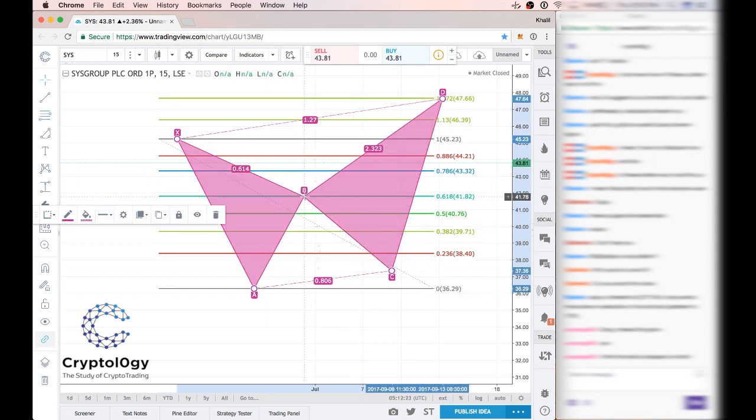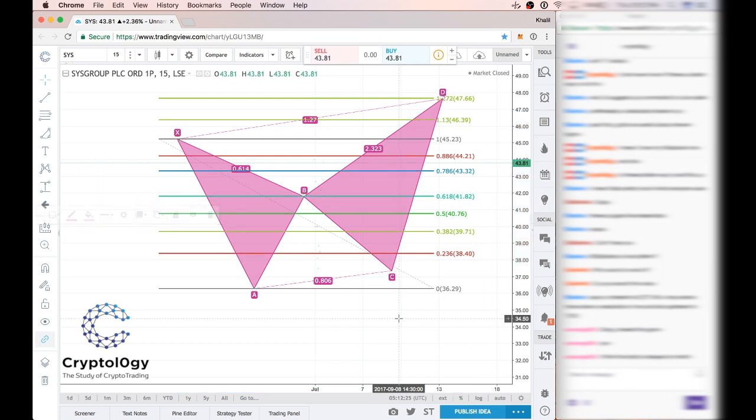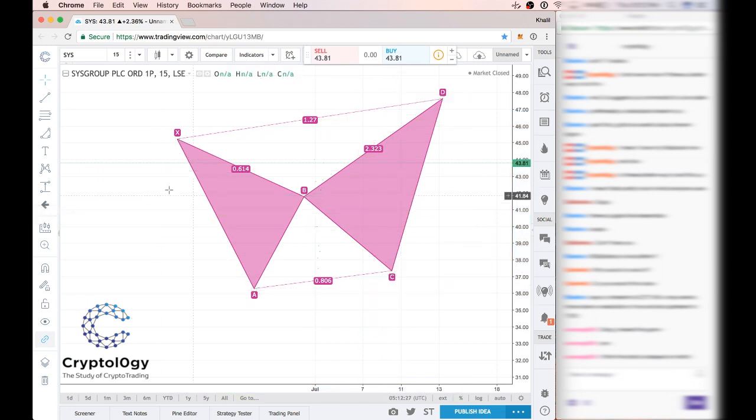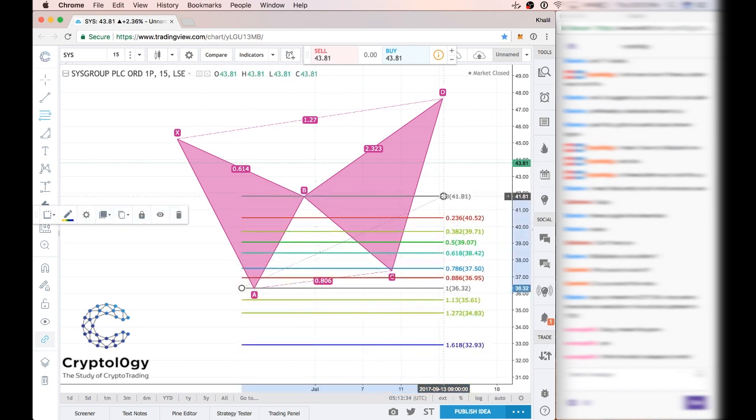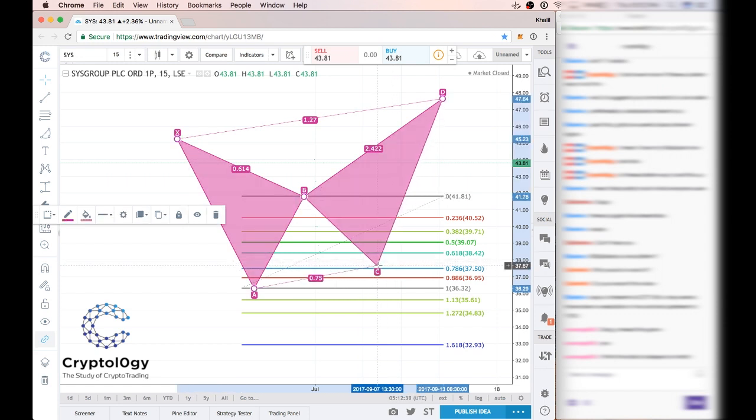So you'd go to like 0.618, and then you'd adjust your fib going backwards from the bottom to the top, and you'd see where your BC leg would go. I think it's supposed to go up to 0.618 to 0.886, and then you'd adjust it again.